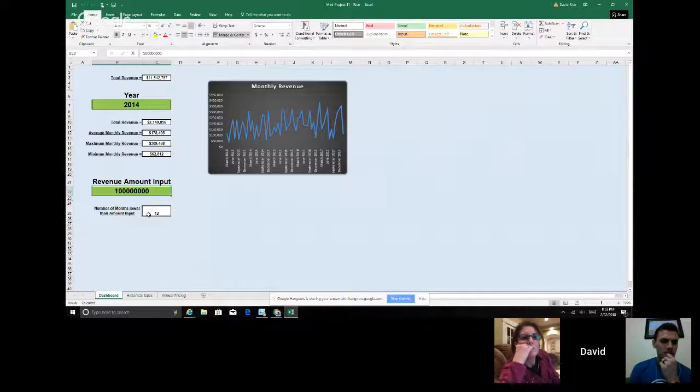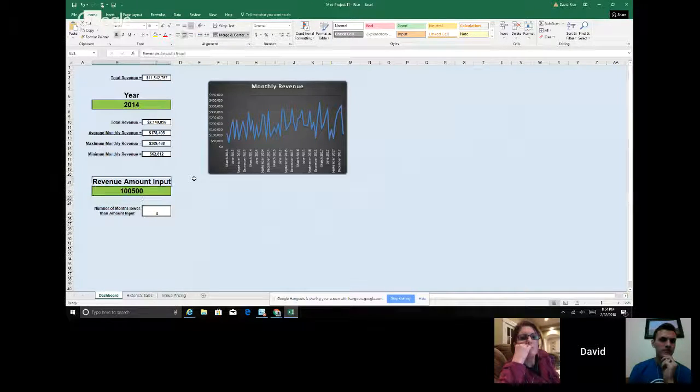So for the count, you should be able to put how much is more than that, right? For this year, the number of months lower than this amount is 4 based off of this year.